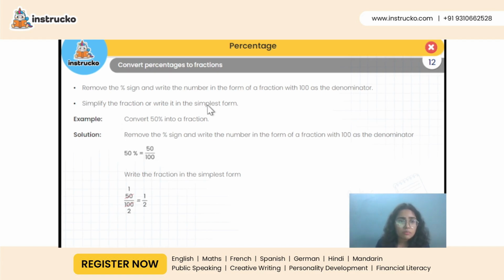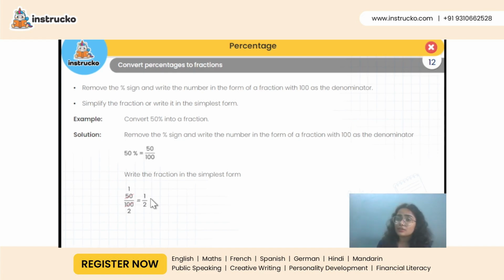Next up, you have to simplify the fraction or write it in the simplest form. Do we know how to simplify the fraction? We divide it, right? So here we divided the fraction by 50. 1 times 50 is 50 and 2 times 50 is 100. So we wrote the fraction in the simplest form and we got 1 by 2.